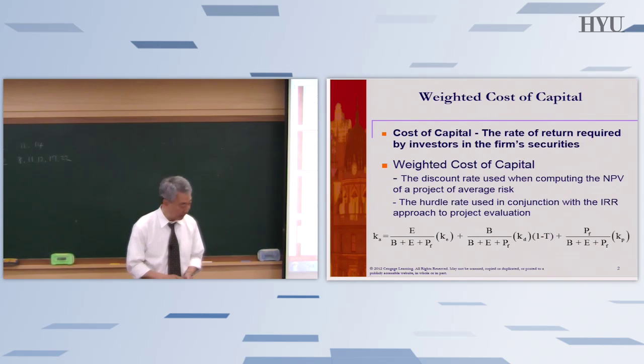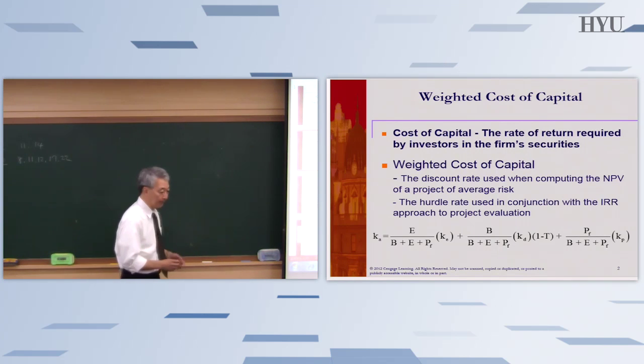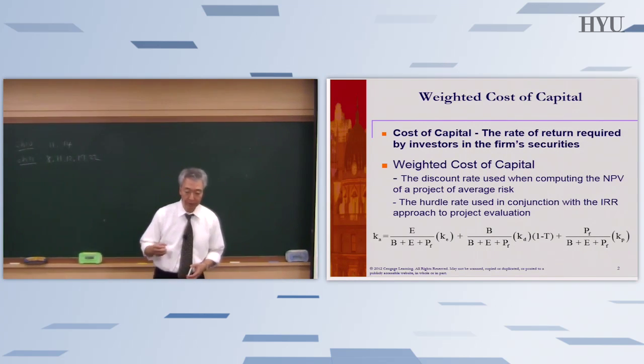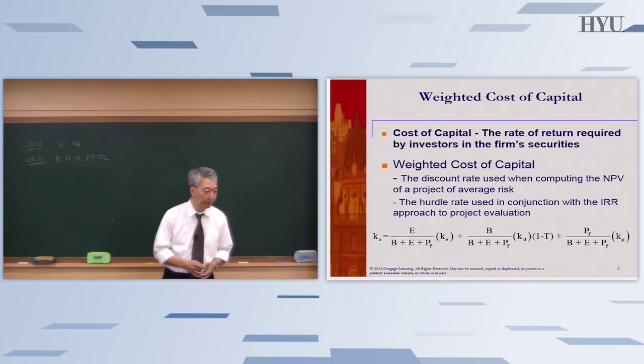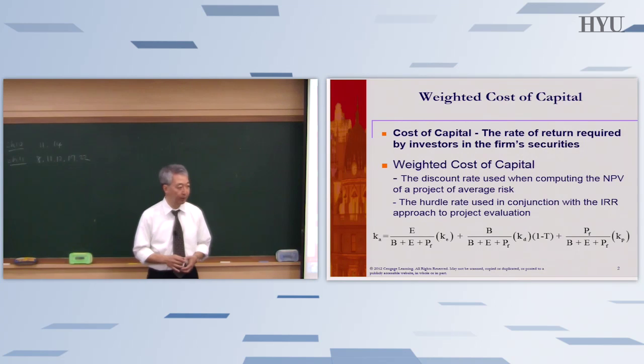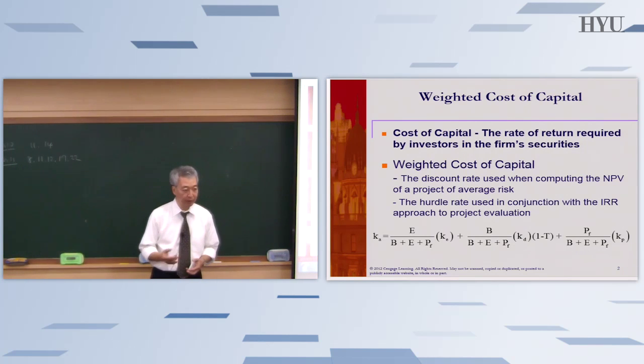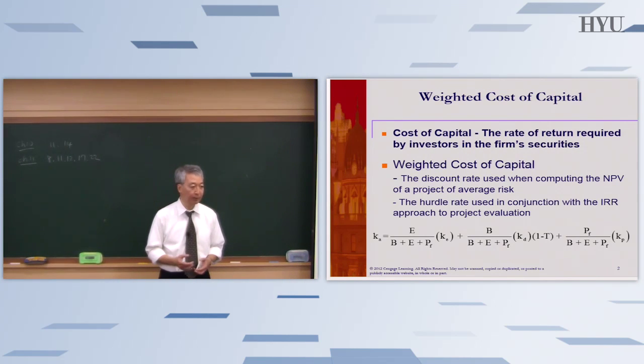So, as I mentioned already, in a typical company situation, in order to invest in a new project, they will need more money, right? So they will have to come up with new capital. And there are a few ways they can raise capital. Equity financing means selling stocks, okay?